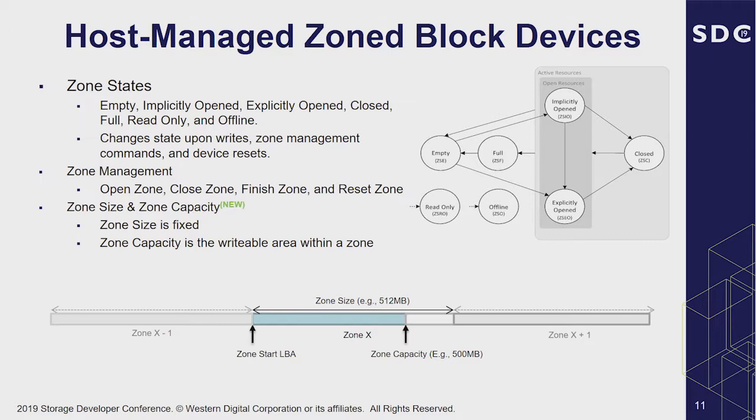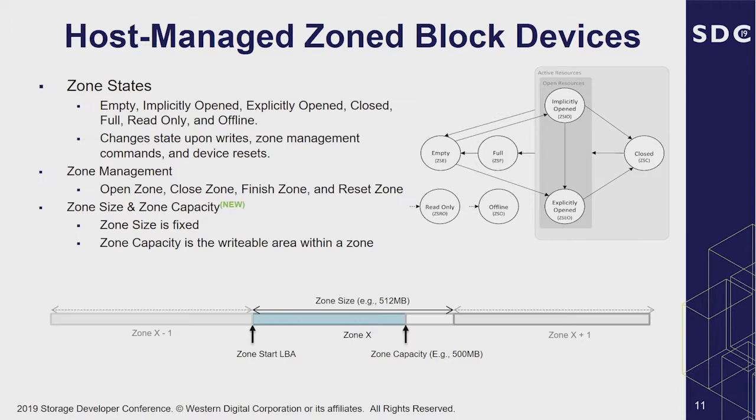Typically, you would need to do some preparatory work to let the user write to the zone, and by issuing an open command, you have a chance to do that in advance so you don't get a latency hit on the first write.